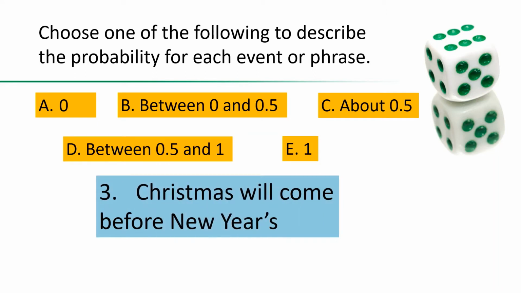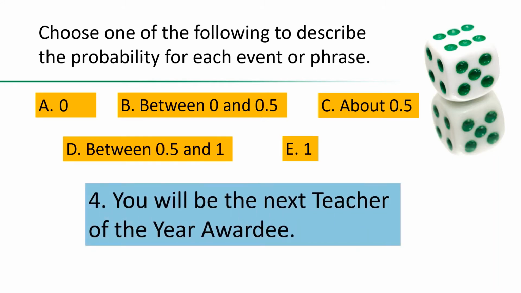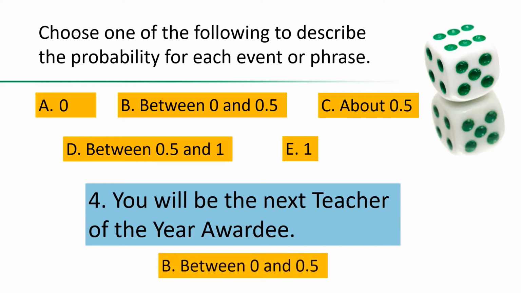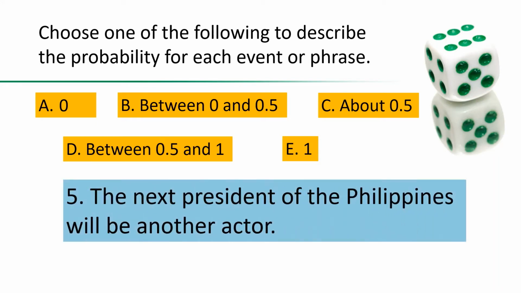And the correct answer is, of course, it is a certain event. Next, number 4. You will be the next Teacher of the Year awardee. And the correct answer is letter B. And for number 5, the next President of the Philippines will be another actor. And the correct answer is letter B.